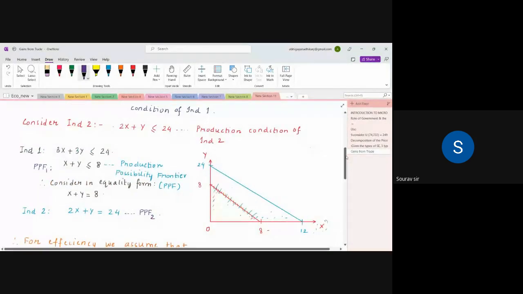Now, if we just come back to this graph once more, and let me just rub out a little bit of these shaded areas that we have drawn. So that means the PPF for individual 2 is steeper than the PPF of individual 1, right?